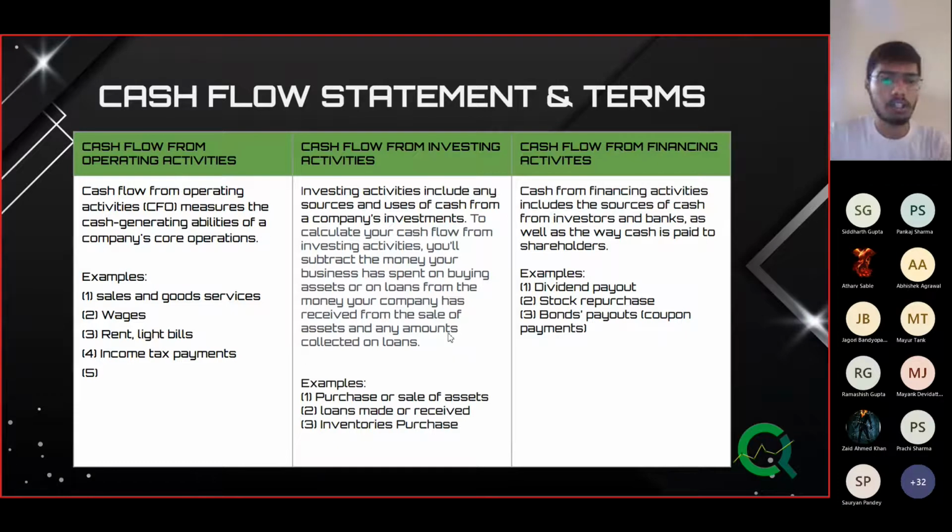Suppose there is one company working and their core business is something, like Tata Motors. Their core work is basically making automobiles. While working on that, they have to operate the business, such as paying wages to their employees, rent and light bills for the buildings they are operating in, income tax payments, and sales of goods and services.